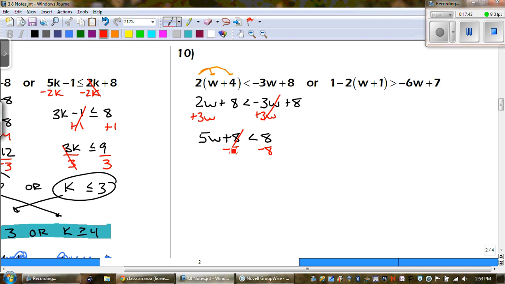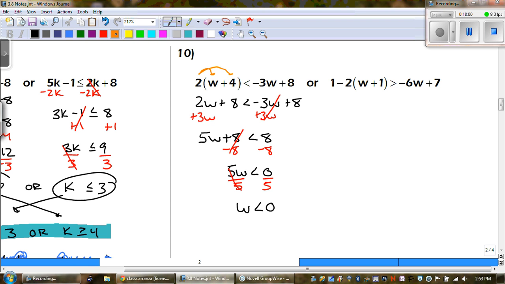We have to subtract 8 from both sides, and we get 5w is less than 0. We're not done because we have to divide both sides by 5, and 0 divided by 5 is 0.